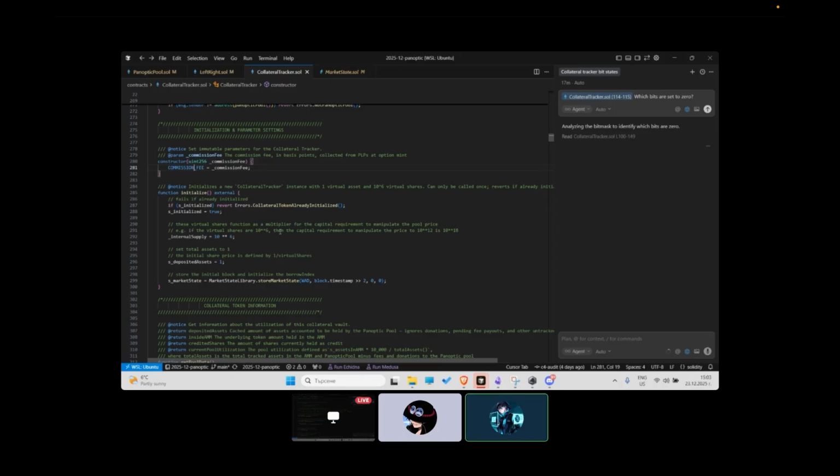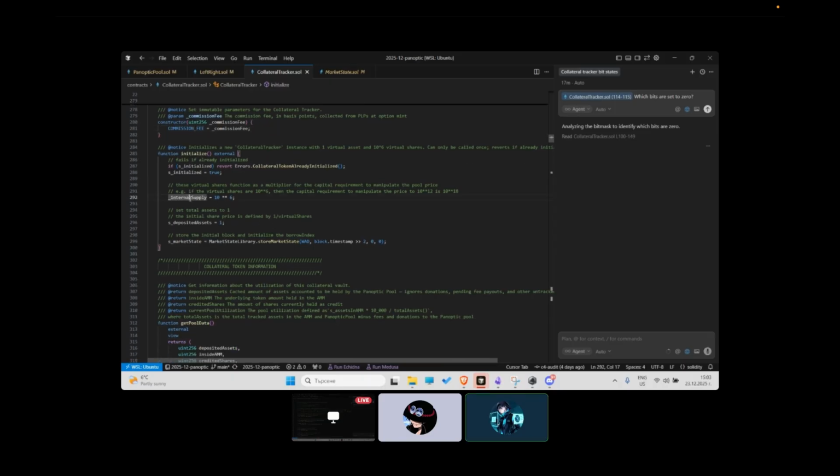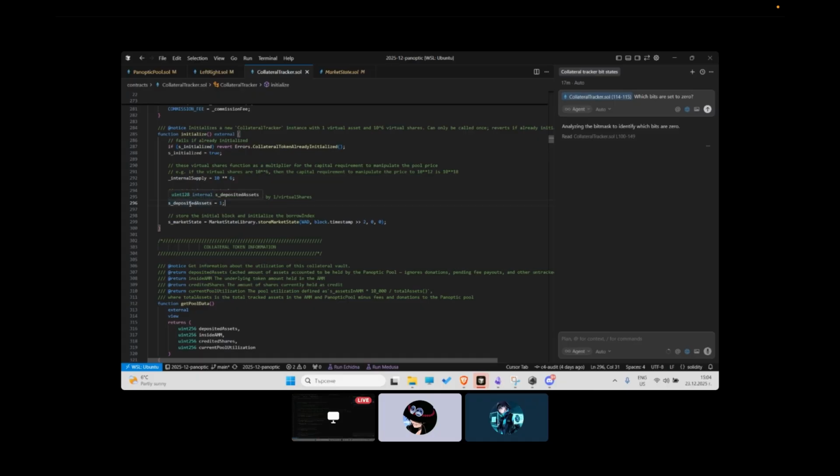So they set virtual shares. Storage book. So they set total additions, 1 divided by virtual shares. Okay.